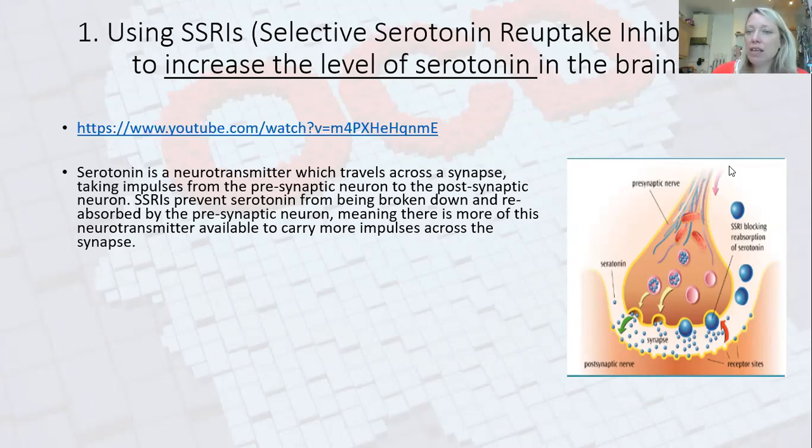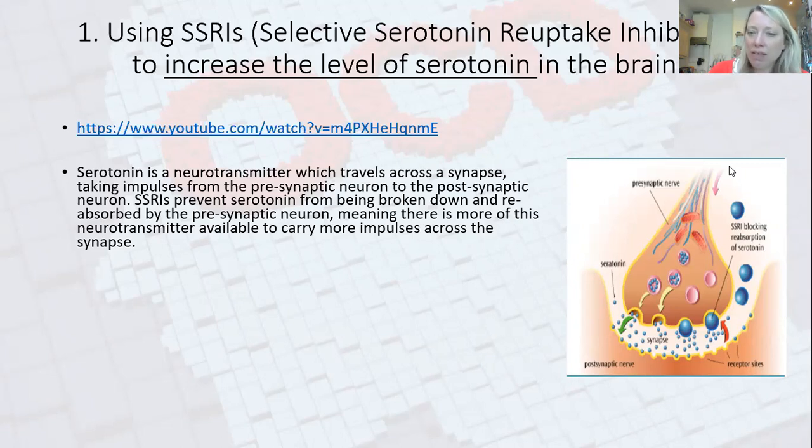And then it goes into the synapse. But what normally happens, and you can see by the yellow holey bits on the left-hand side of the diagram, is that the serotonin would quite quickly get taken up again by that presynaptic neuron. It's kind of sucked back into the neuron in order to go and do other jobs.